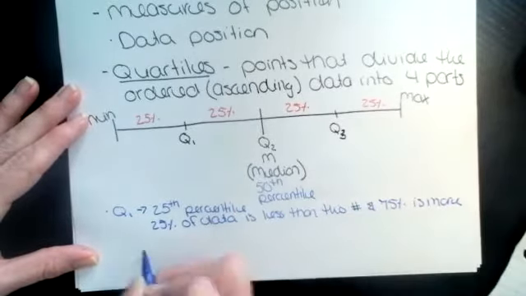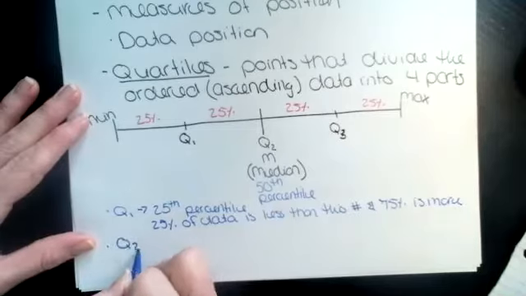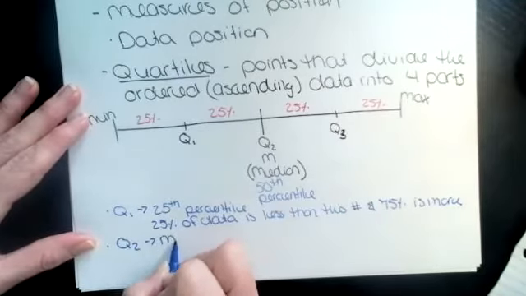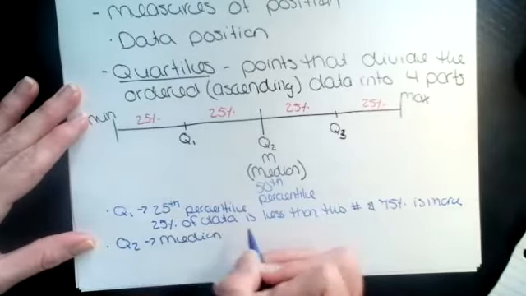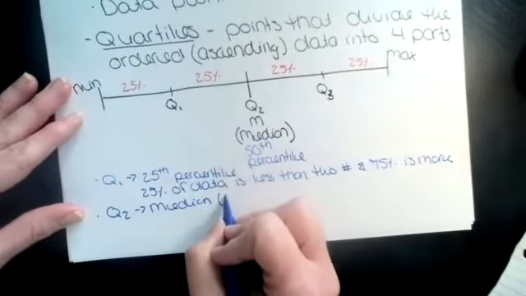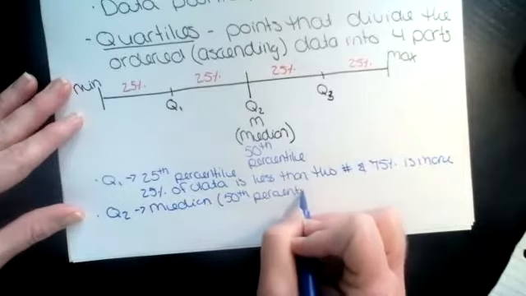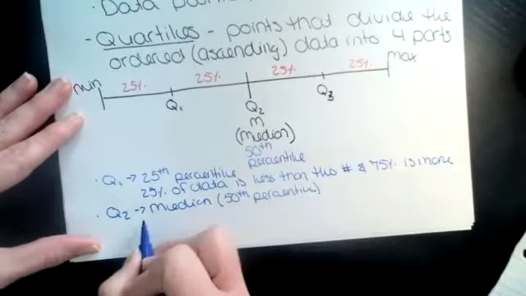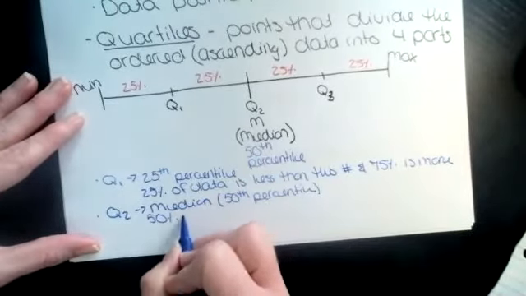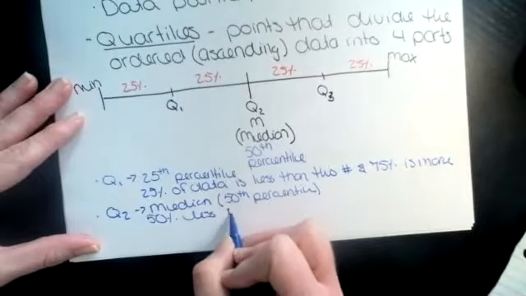That's all that means. Quartile 2, which we just talked about, is the median. That's the 50th percentile, and we have 50% less and 50% more.